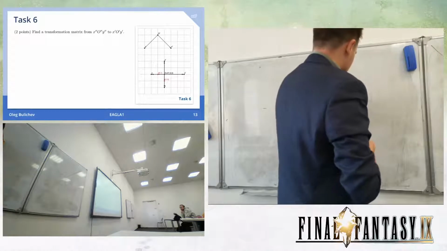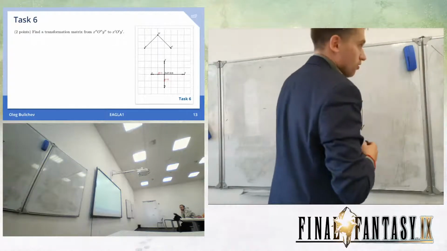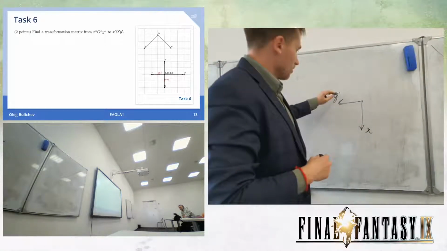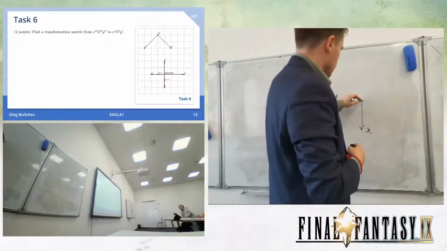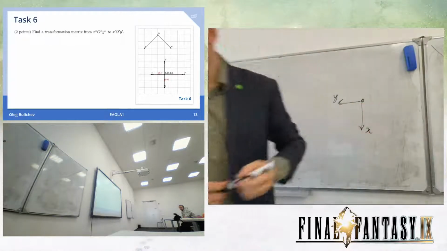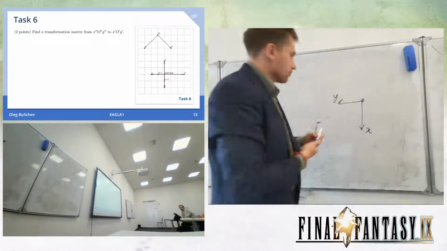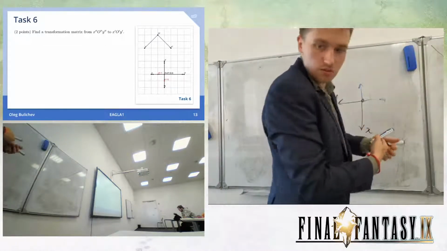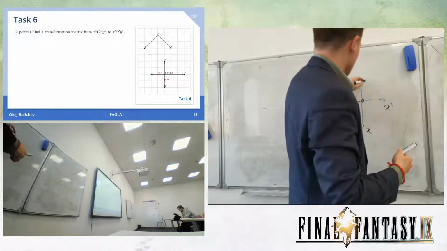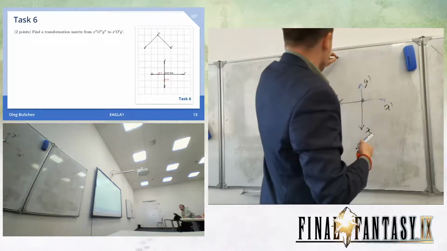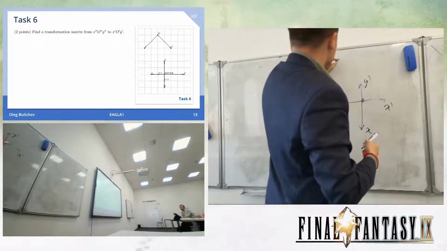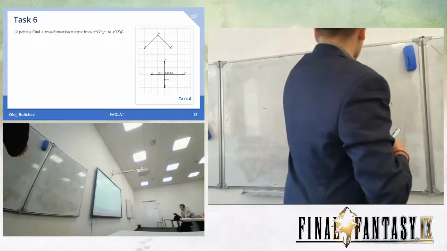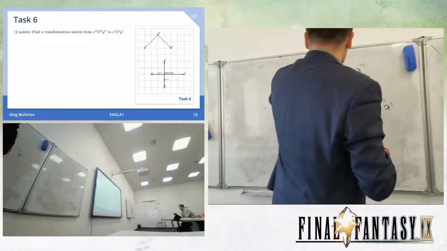So, it will be x, y. After this we have, let's use another marker, x prime, y prime, and x double prime, y double prime.